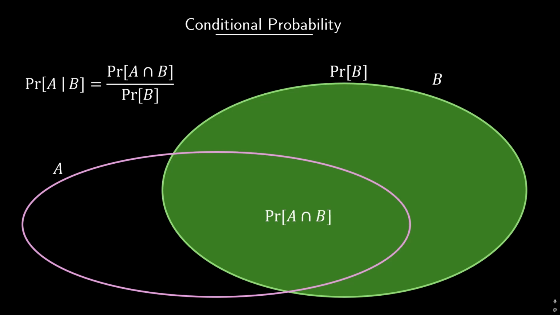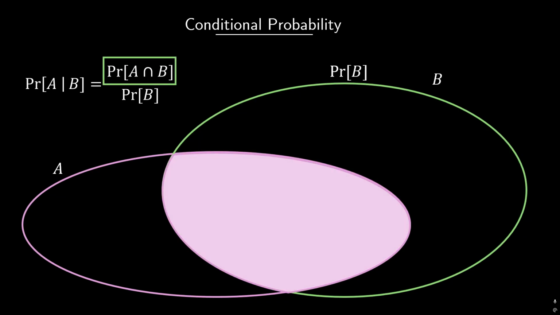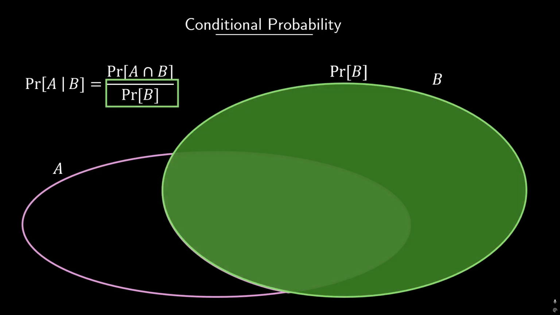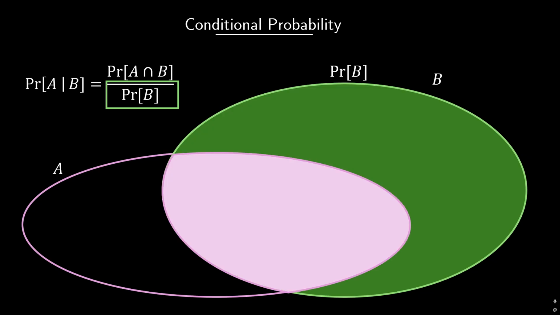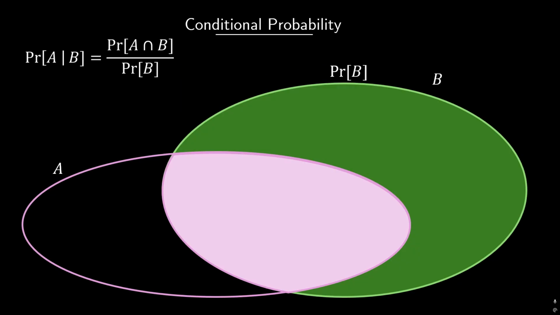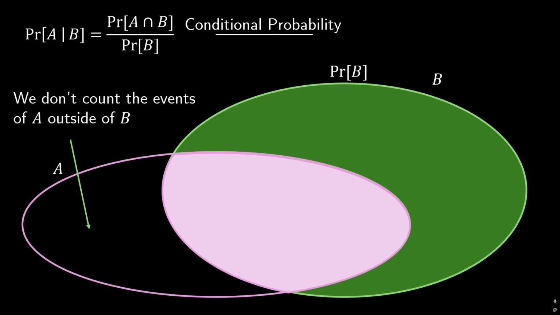So to reiterate, A intersect B is this side and B is this side. So the probability of A given B is really the ratio of the pink side divided by the green side. More importantly, note that we basically aren't counting events of A that are outside of B.